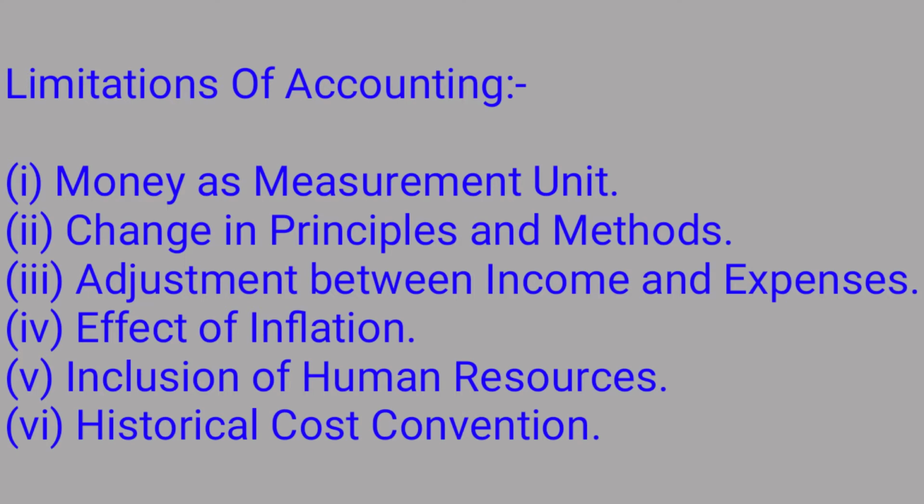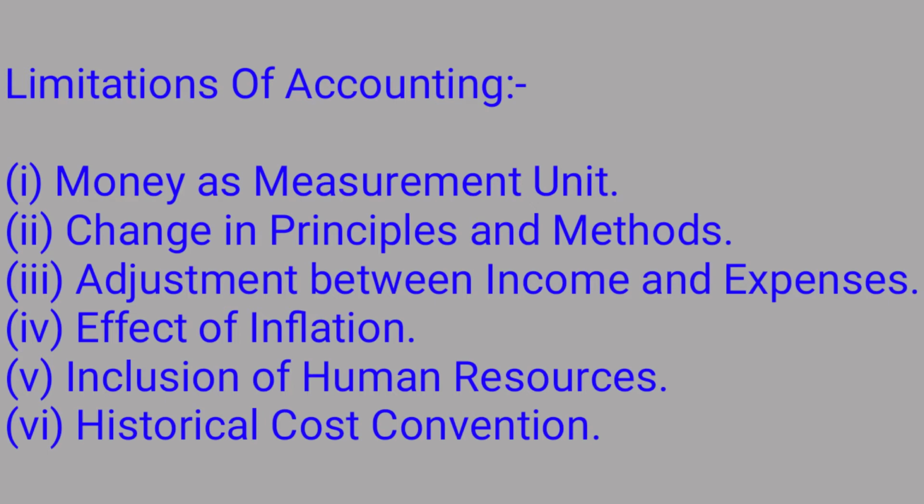We all know that the events which can be measured in money are recorded in the books of accounts. However, there are a number of events, though not possible to be measured in terms of money, that have impact and influence on the financial performance and financial position of an enterprise. As these events are not measurable in terms of money, they are not included and considered in accounting.